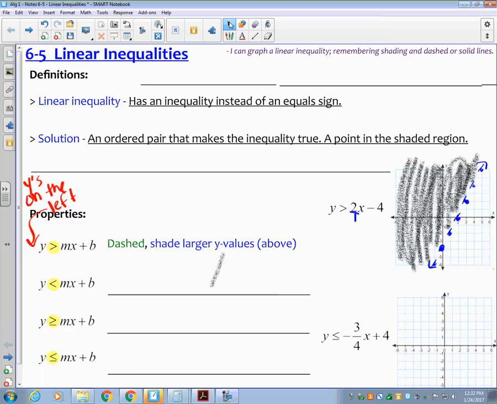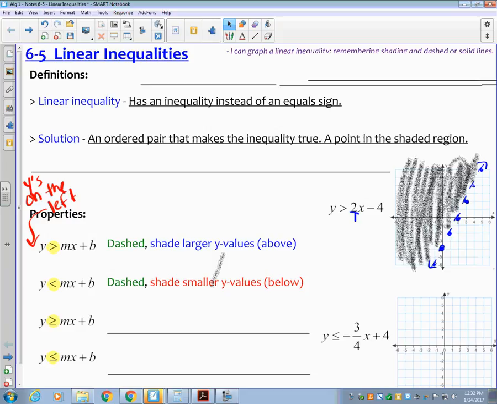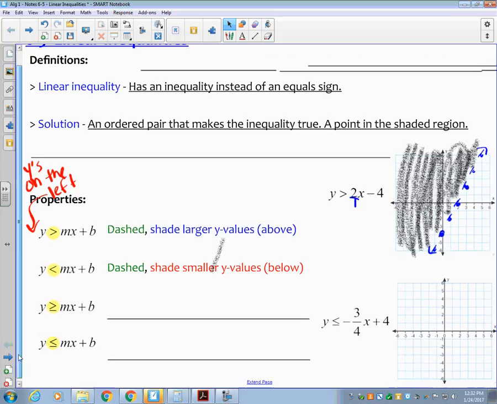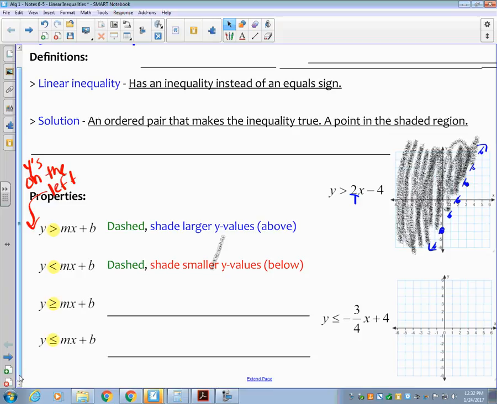All right, so let's look at when you have y less than mx plus b. You have the dashed line, but then you shade below. When you have y greater than or equal to mx plus b, I remember this because the line means my line is solid.